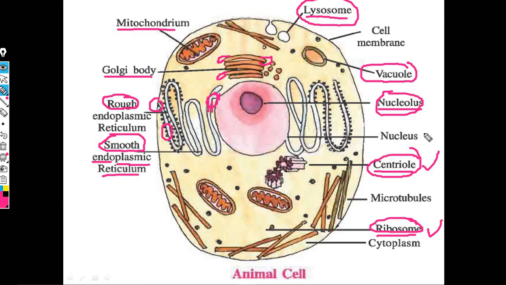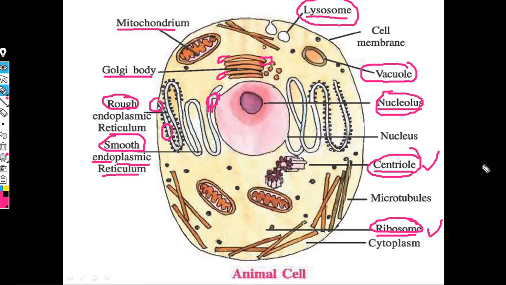If someone asks you which of the following organelles are membraneless in an animal cell, your answer will be ribosome and centriole. But if someone asks which of the following structures are membraneless in an animal cell, in addition to ribosome and centriole, you also need to consider nucleolus.